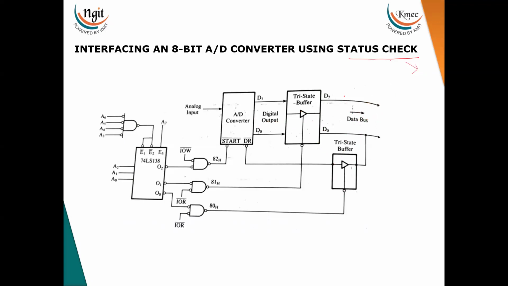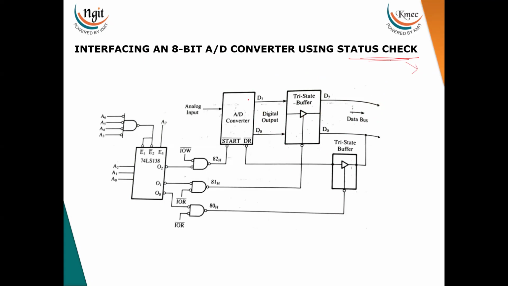Now in this lecture, I am explaining the interfacing of an 8-bit ADC using the status check. Here the microprocessor continuously checks the status of the ADC IC. If the conversion is completed, then the processor will read the data. Now how is that happening?